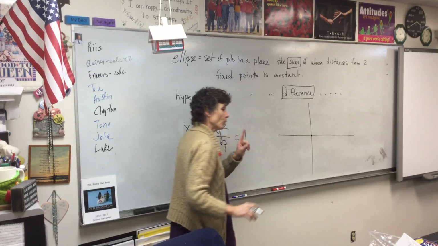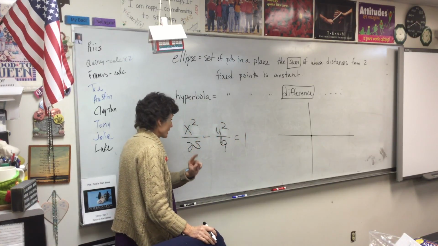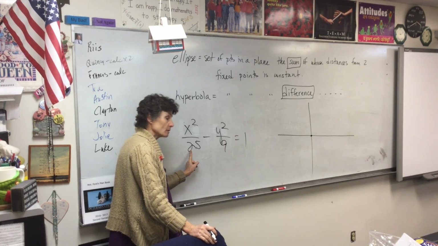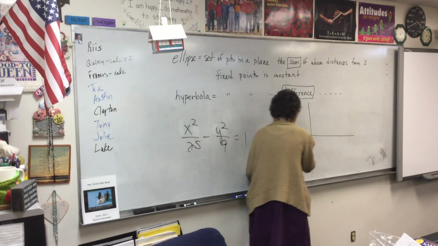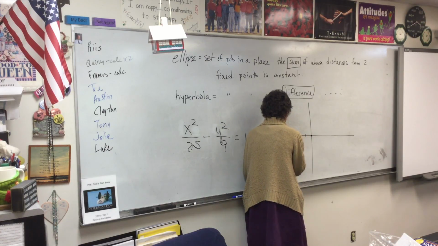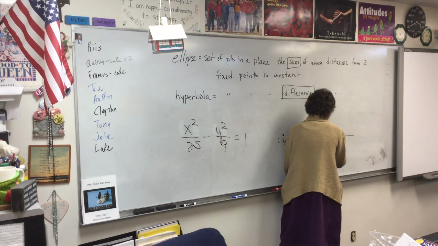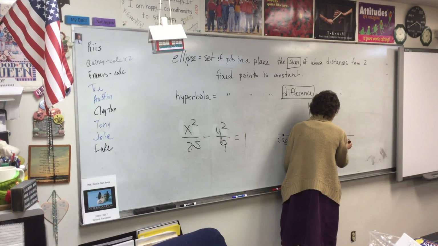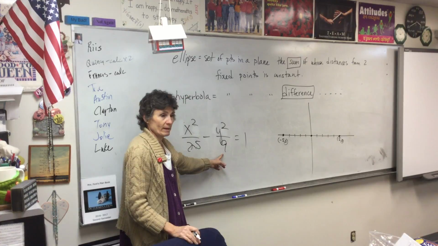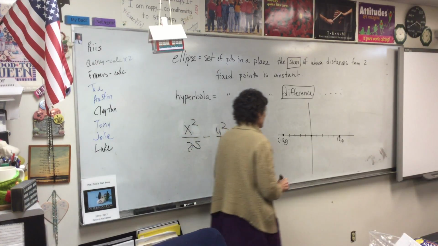Now, if he were an ellipse, what would this 25 tell you? Go sideways 5. We're going to do that. Okay, here we are. What would that 9 tell me? 3 up and down. I'm going to do that too.